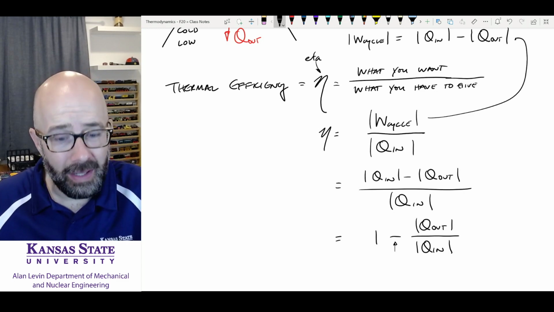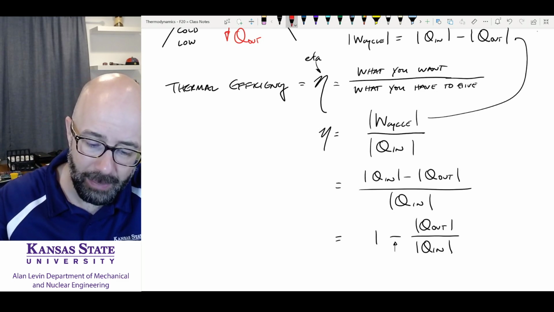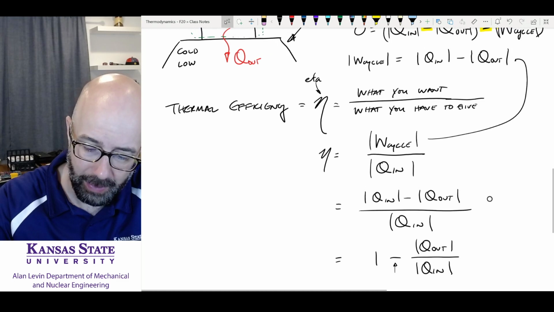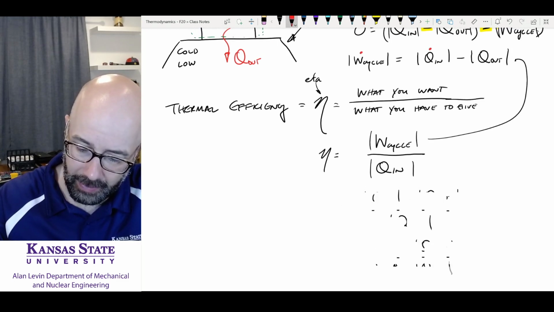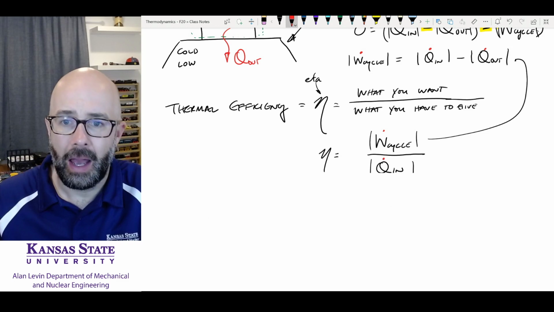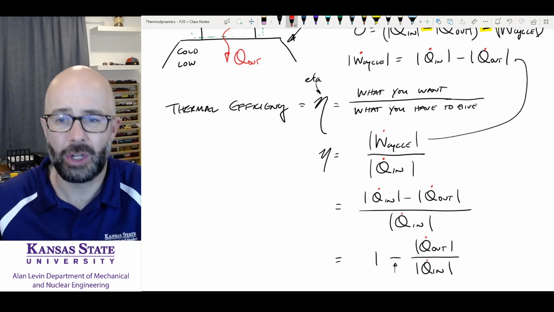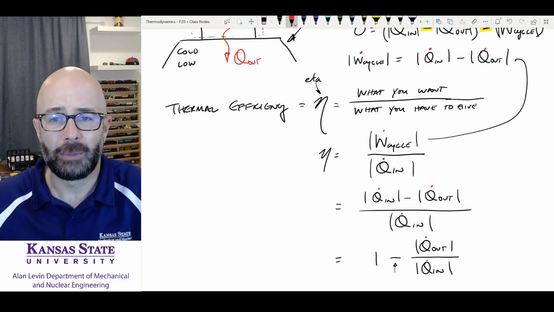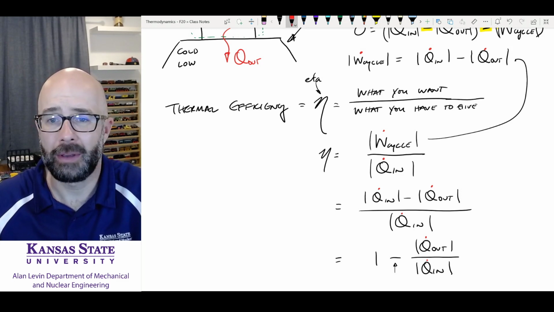Now what I want to express to you, even more importantly, is that if I put this on a rate basis, if I put Q dots over this whole thing, the same thing happens. So I can put this in rate terms or not rate terms, just looking at magnitudes, and I'll be fine.